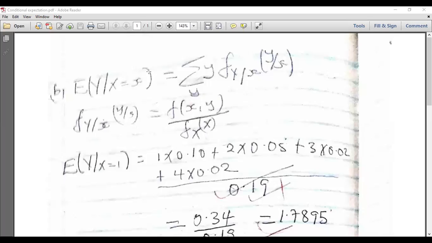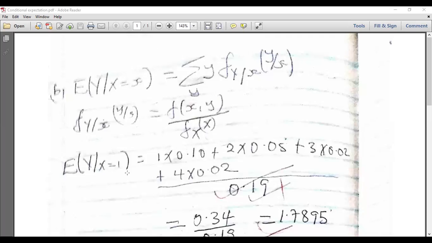From the definition, the expectation of y given x is the sum over all y of y times this conditional probability. From the formula, to get this conditional, we take the joint distribution and divide by the marginal for x. So we first find the expectation of y given x equal to 1.